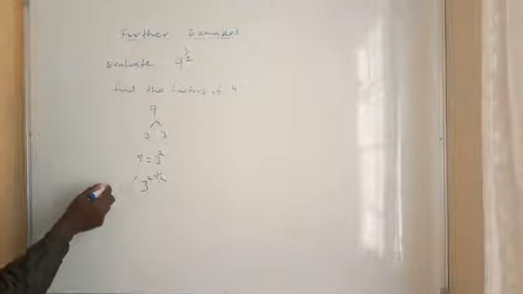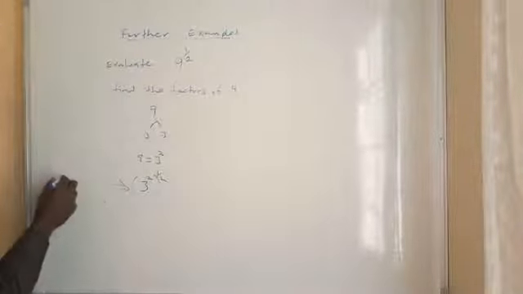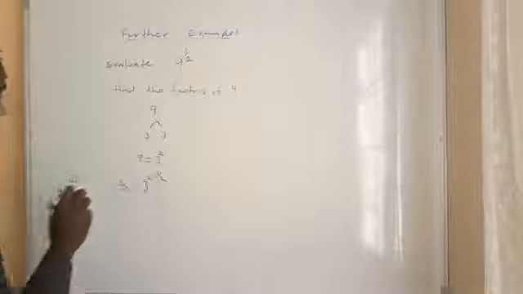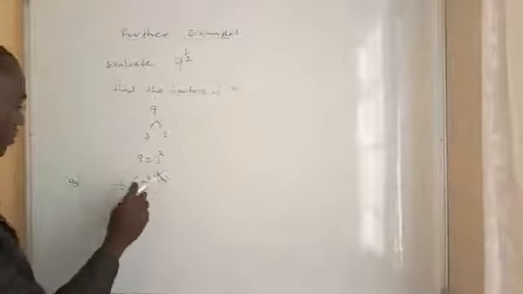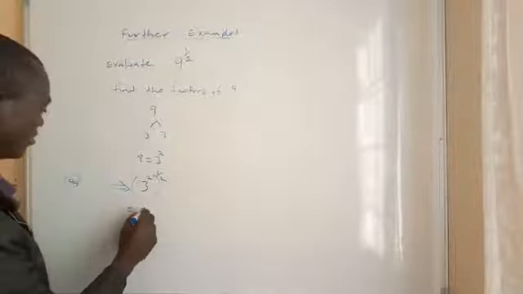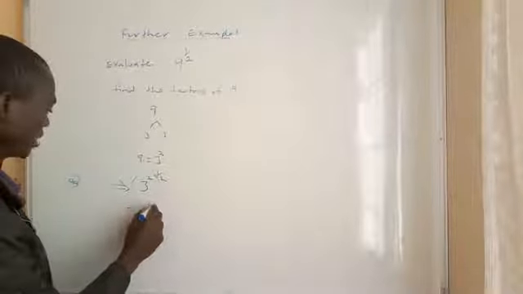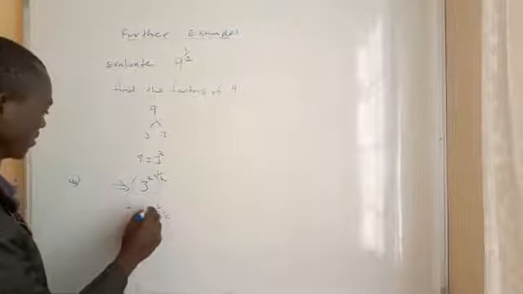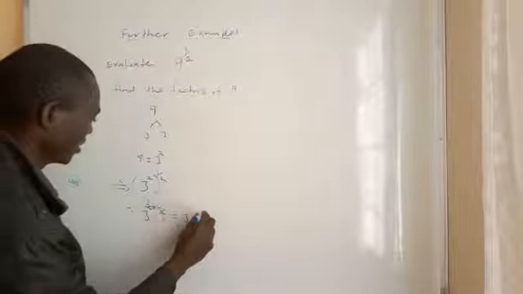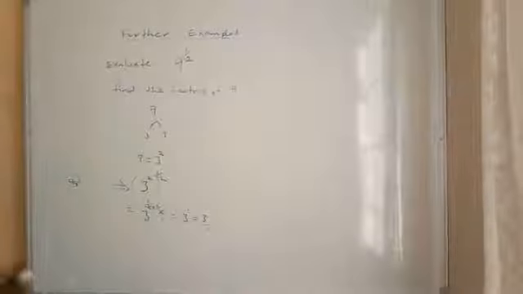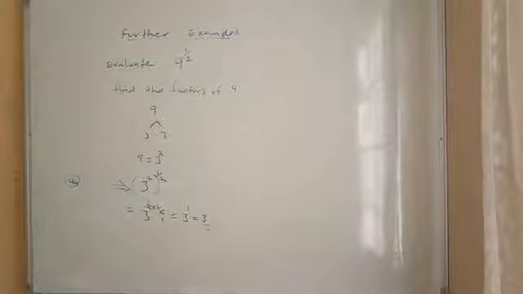This is law number 4 that I have taught, a power raised to a power. When a power is raised to a power, we simply multiply. So the answer here will be 2 times a half. Cancel this, this is 1. So finally we'll have 3 raised to power 1, which is 3. Law number 4 has been used.